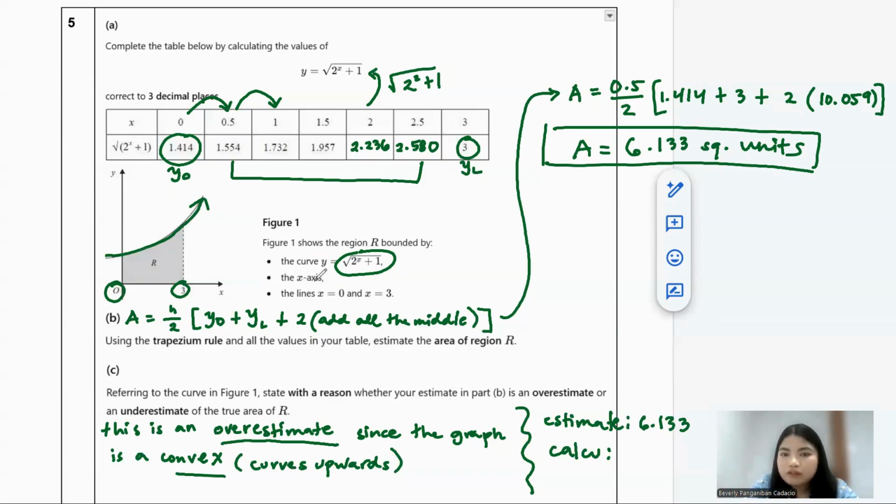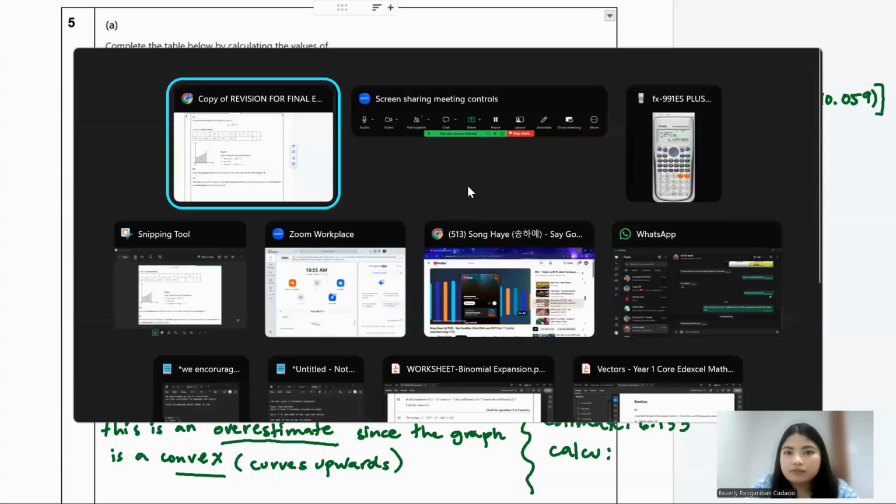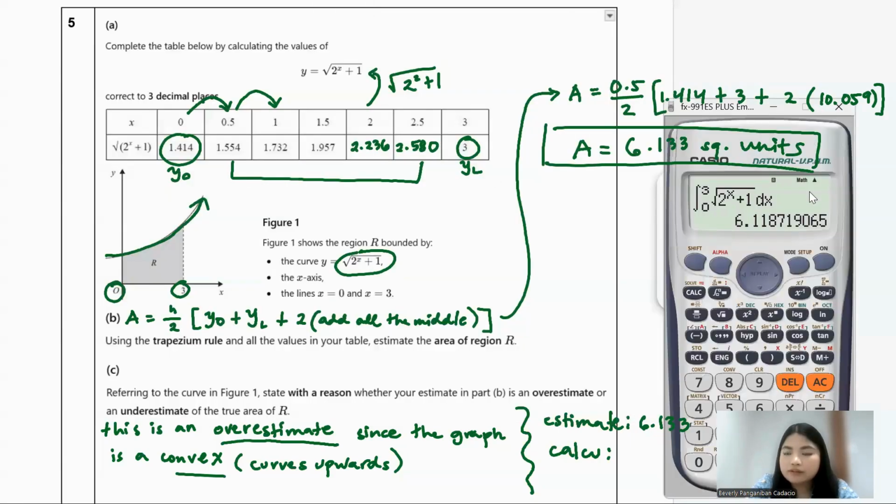If you have a good calculator, it is better to compare it here. You're just going to put your function there. Integral, with your limits 0 and 3, always 0 and 3 at the bottom.